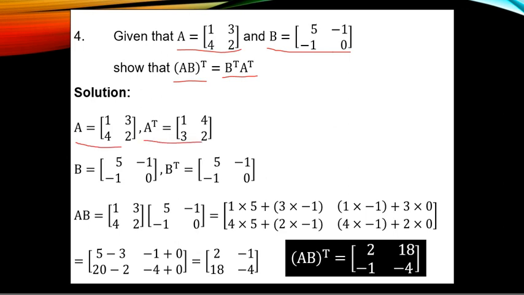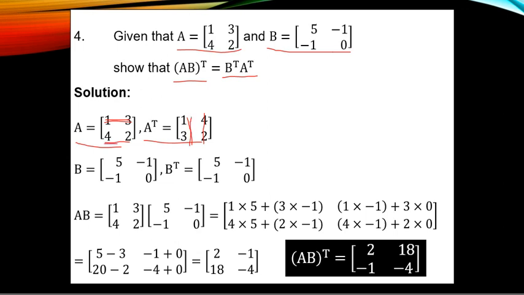We define transpose as a matrix obtained by interchanging the rows of the original matrix for the columns, or you interchange the columns for the rows. So in this place, if you take the first column, you make it the first row. See that? You take the second column and you make it the second row. Right? You take the first row and make it the first column.